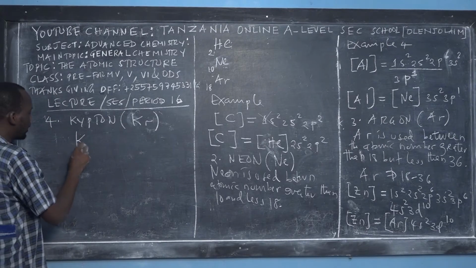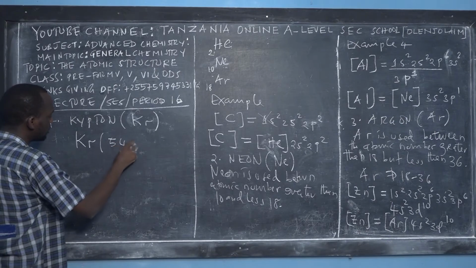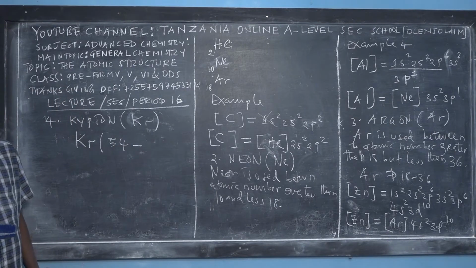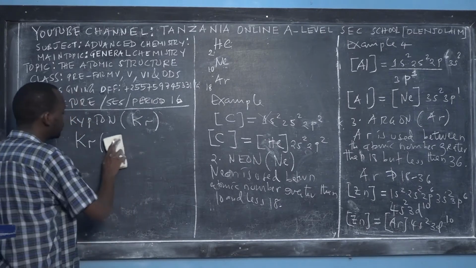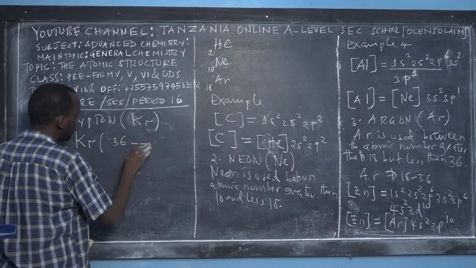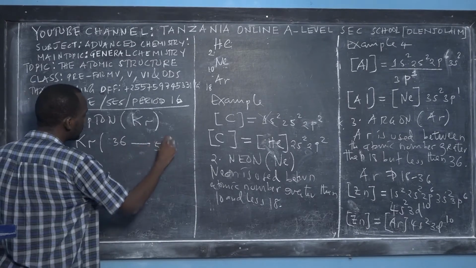So the range of krypton is equal to what? From greater than 36, between 36 and what? 54.